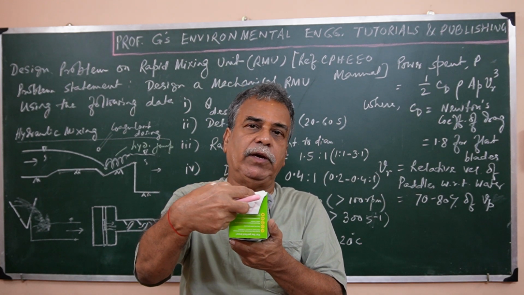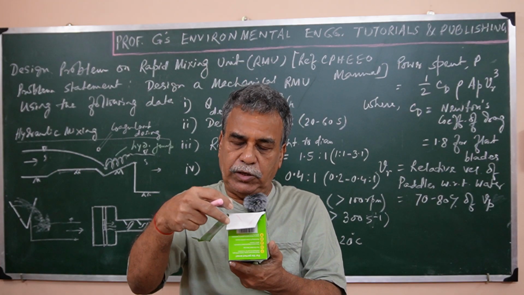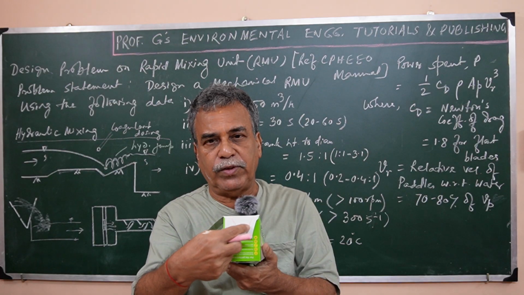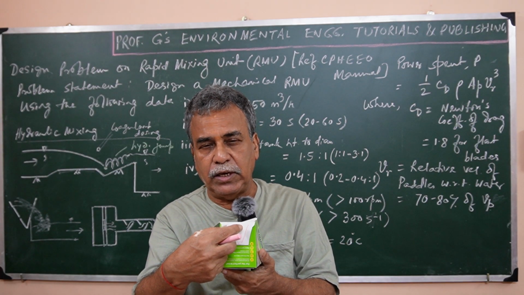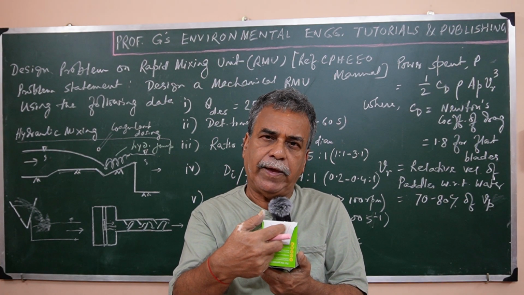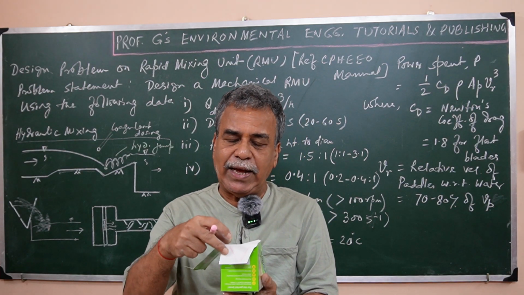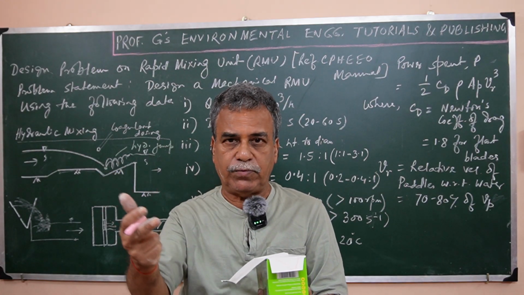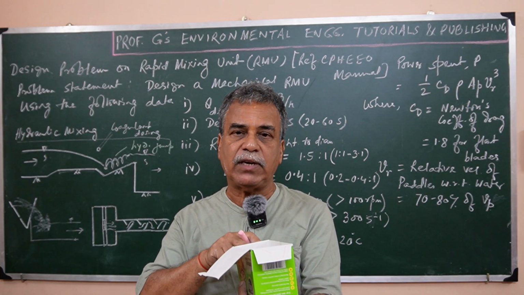This part will be cut out, and it will be fabricated in such a way that there exists a V notch, which is fabricated by the manufacturer or the fabricator, and water is coming from there.